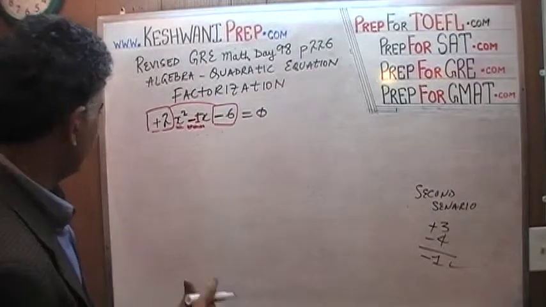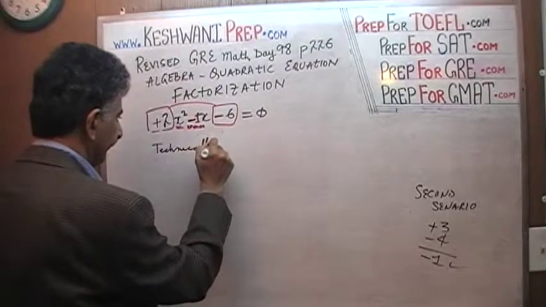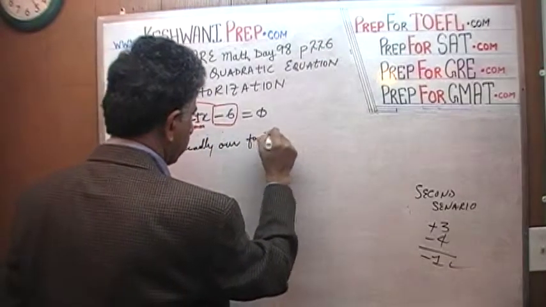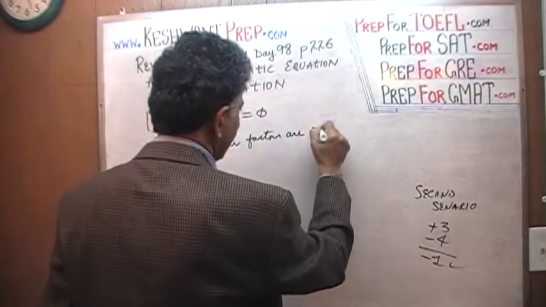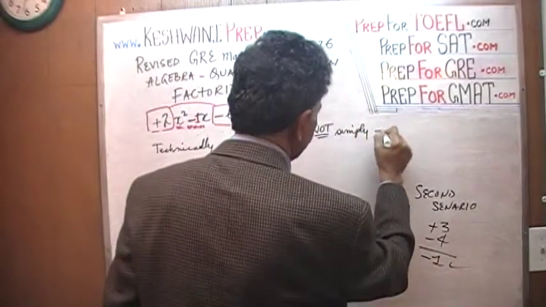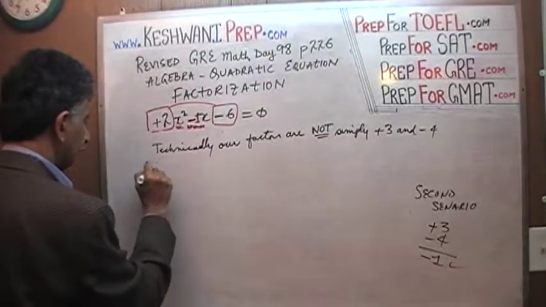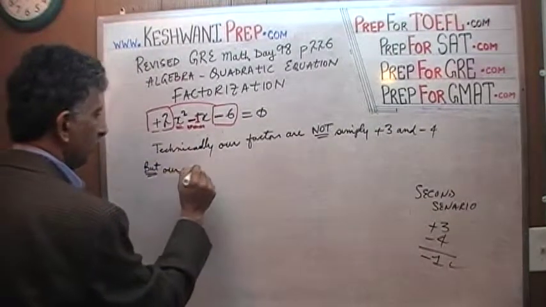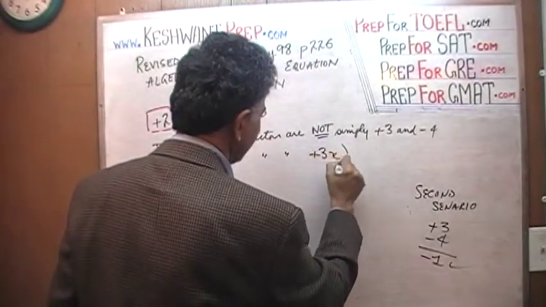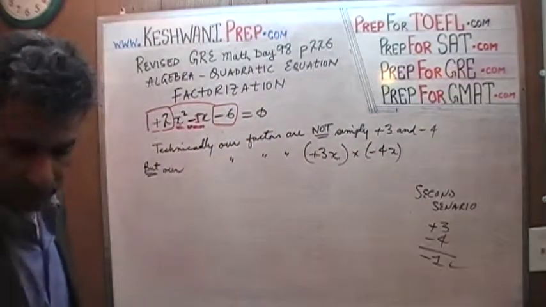Now technically, our factors are not simply positive 3 and negative 4, but our factors are positive 3x times negative 4x.